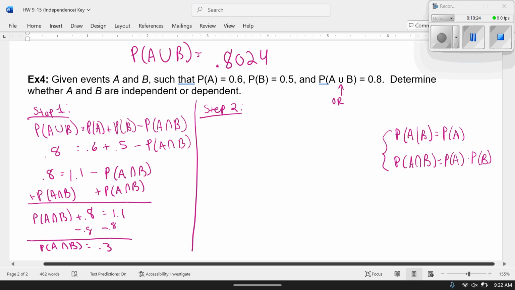The probability of A and B equals probability of A times the probability of B. We have that the probability of A and B is 0.3, comes from right there. You know that the probability of A is 0.6, the probability of B is 0.5. So 0.6 times 0.5 is 0.3. You get that 0.3 equals 0.3, meaning they are independent.